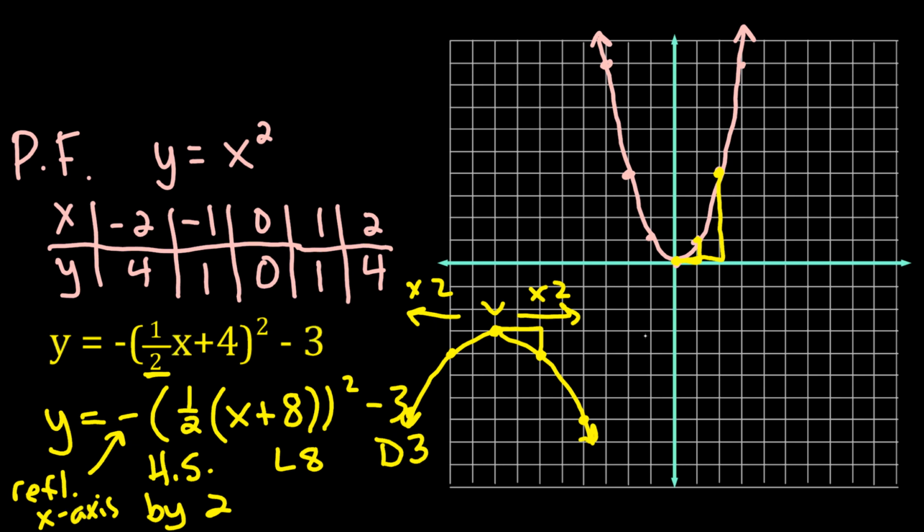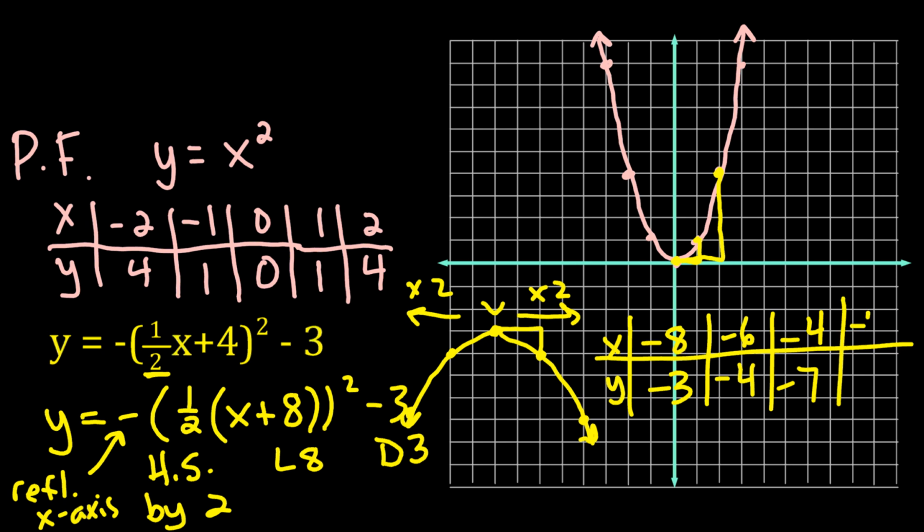We've got -8 and -3, we've got -6, -4, and then -4, -7, and then we could do these points over here, so -10, -4.